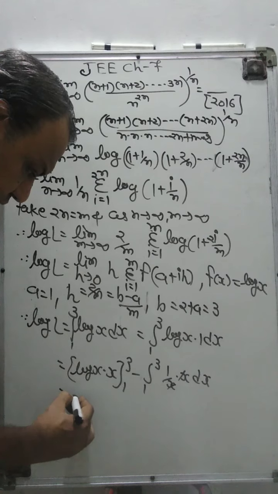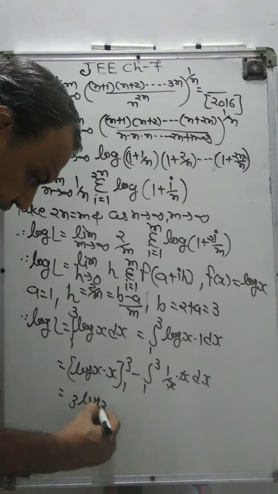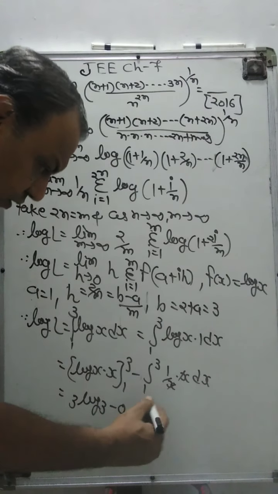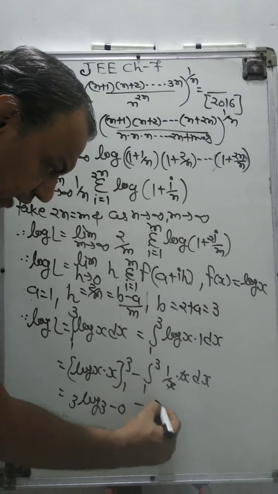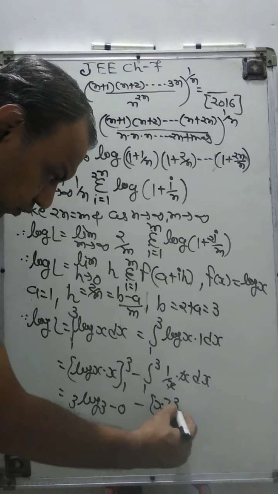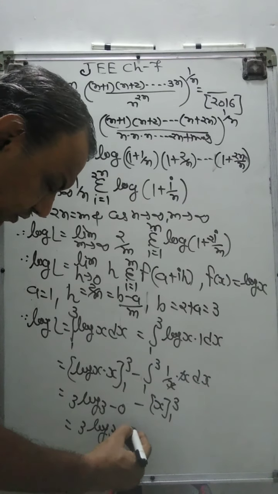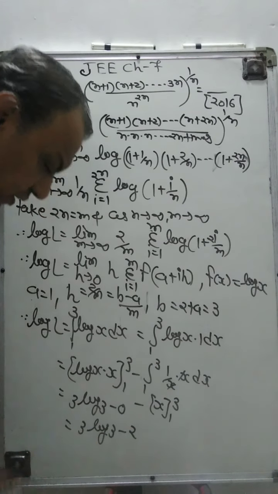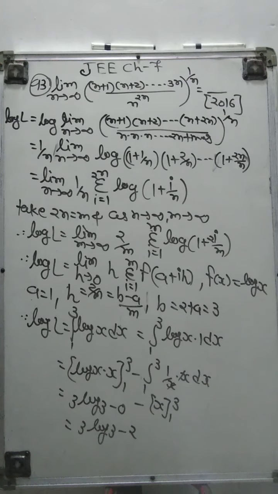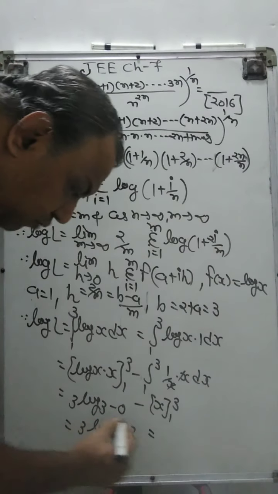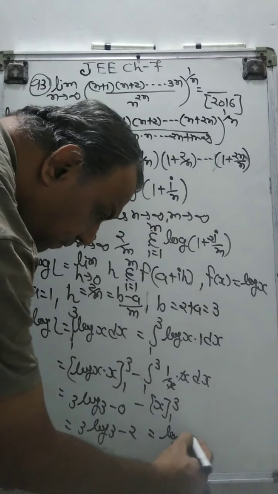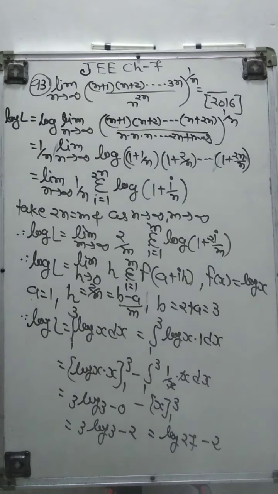So it is log 3 minus 0 minus x from 1 to 3. It is 3 log 3 minus 3 minus 1, means minus 2. So this way 3 log 3, if we take it in the power, then log 27 minus 2 is our answer, right?